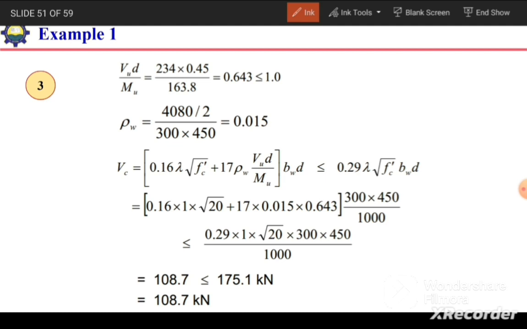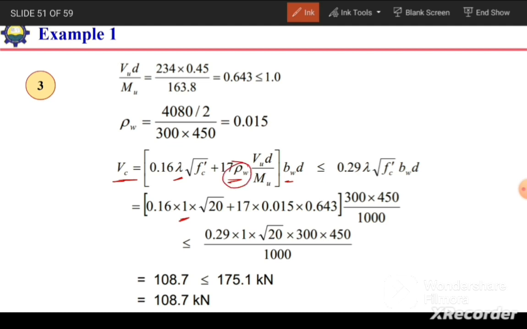To calculate the shear resistance of the concrete, we can use this expression, which is 0.16 lambda square root fc prime plus 17 rho w Vu d over Mu, multiplied by bw d. Here lambda is a factor which accounts for the lightweight aggregate, and in case of normal weight aggregate concrete its value is 1, and for lightweight aggregate concrete its value is 0.75.